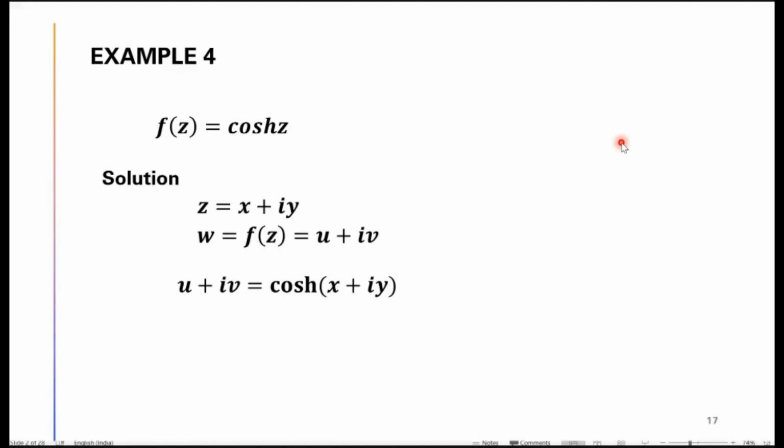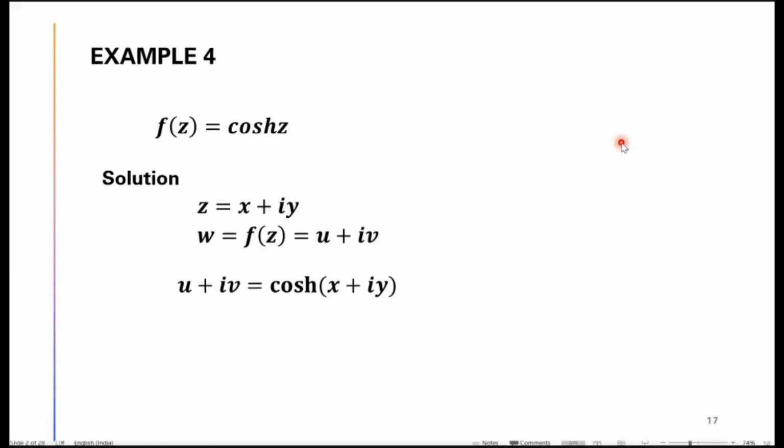Now, do you remember what is cos h of a plus b? I told you where to write the formula for hyperbolic function. If I write the cos formula, what is cos of a plus b? cos a cos b minus sin a sin b.